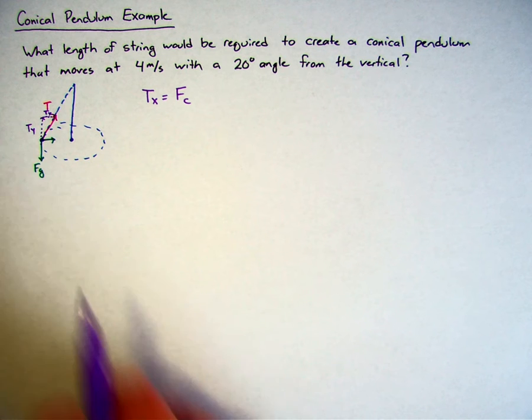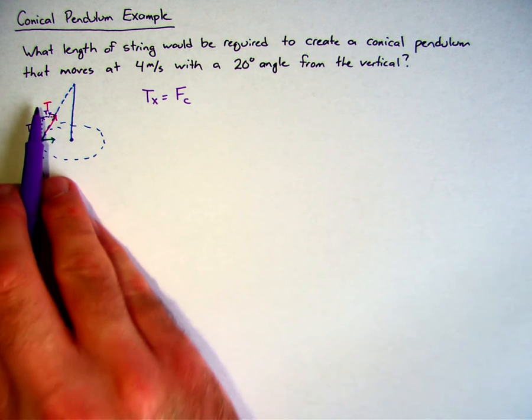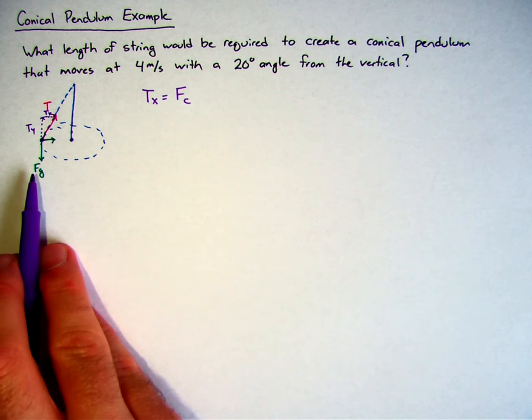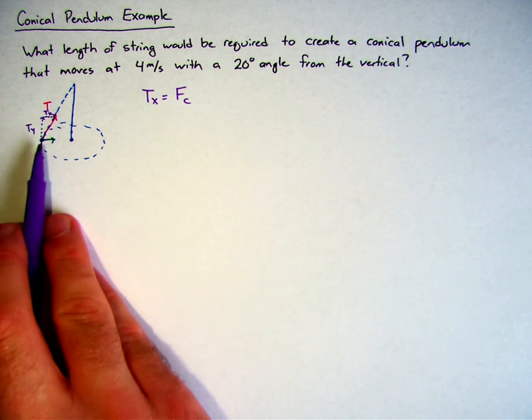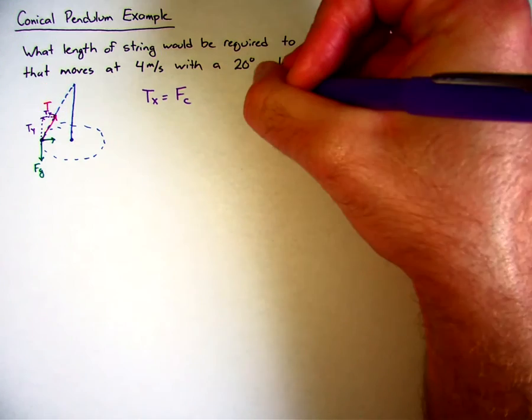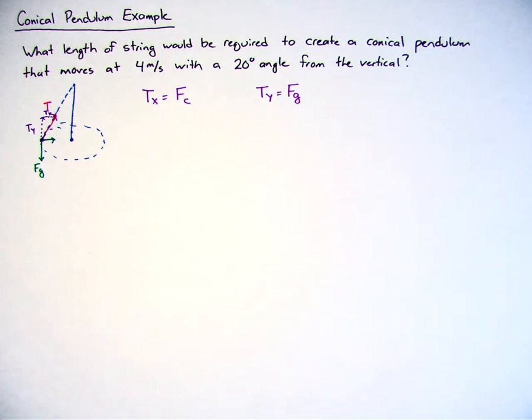What it means then is that the other forces, this y component of tension and this force of gravity, have to be balanced because it's not moving up or down at all, so these two have to be equal to each other. So the y component is equal to F sub g.